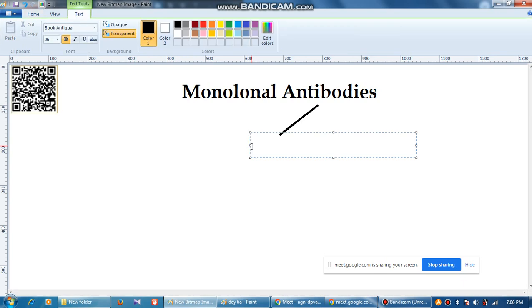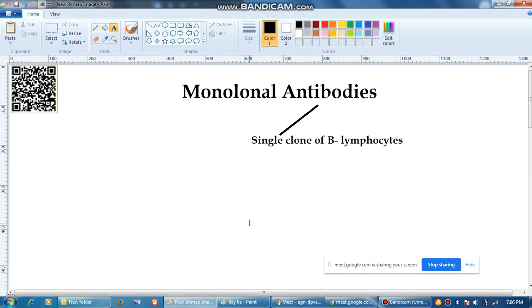The antibodies produced from a single clone of B lymphocytes will be termed monoclonal antibodies. So when we talk about a single clone of B lymphocytes, what exactly are we trying to say?